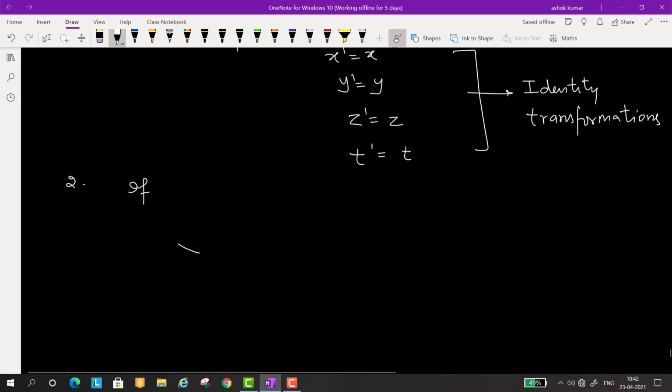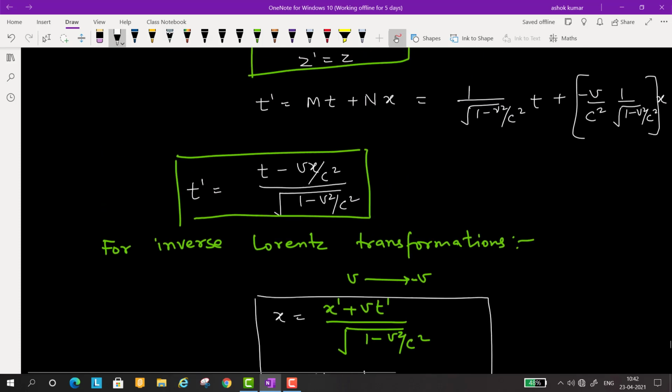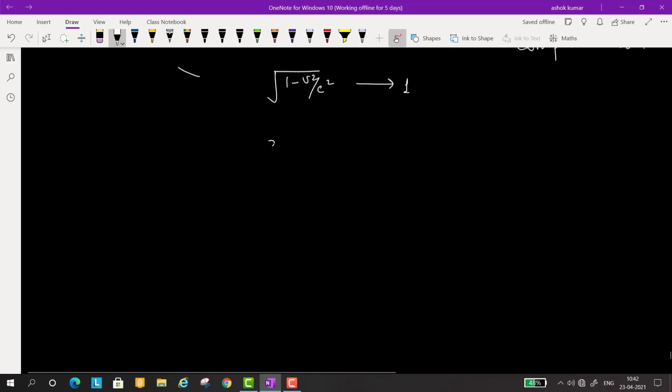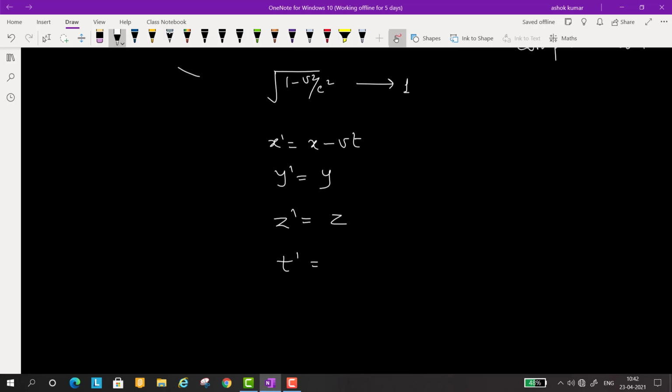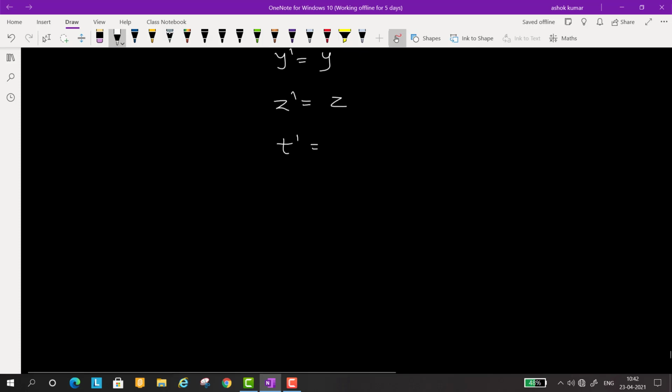Second special case, if the velocity with which the frame of reference S dash is moving is very small compared to the speed of light, then v square upon c square can be neglected as compared to 1. So we can write 1 minus v square upon c square as 1. So the equations will be x dash is equal to x minus vt, y dash is equal to y, z dash will be equal to z, and in t dash the extra term will be neglected.